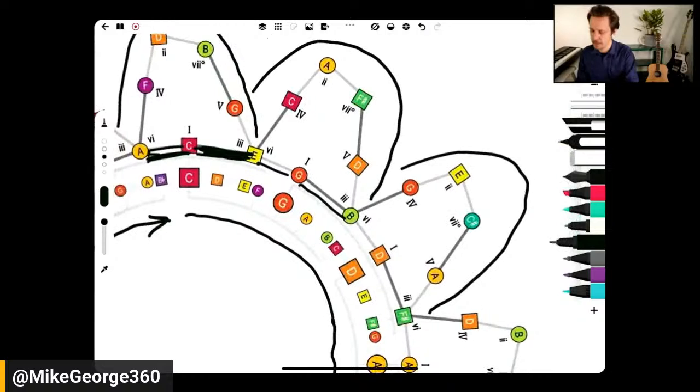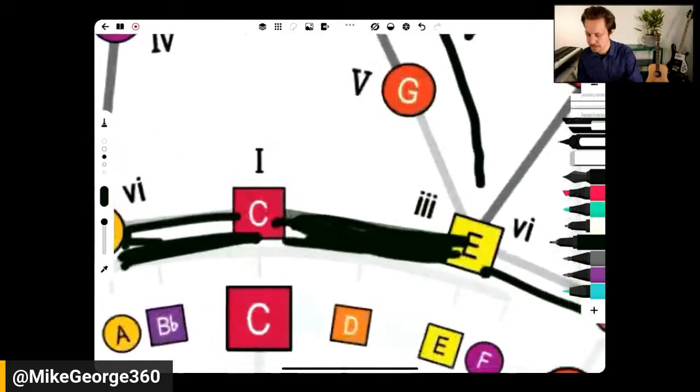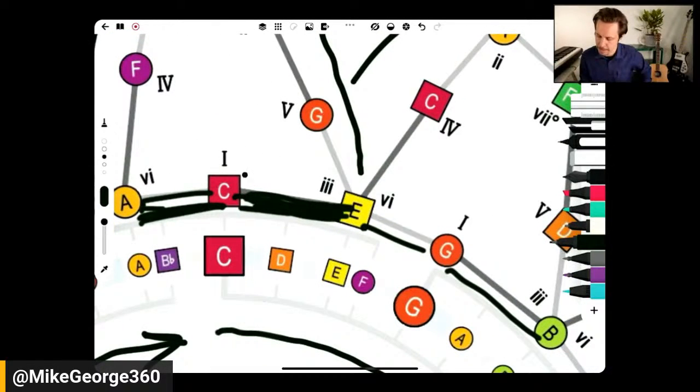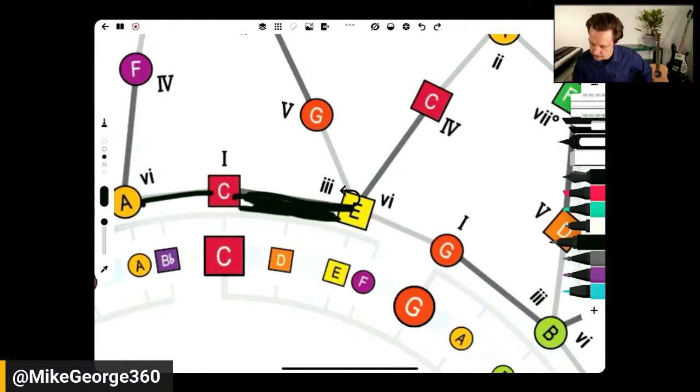And you can see how they connect, like C's major third, E, is, well, my lines are a little too thick because I'm blocking what I'm trying to show. So C's major third, whoops, that's not what I meant to do. Hold on, let me get a thinner line.